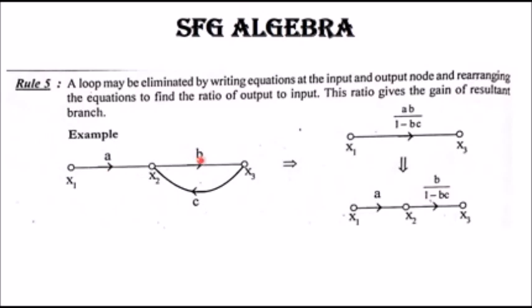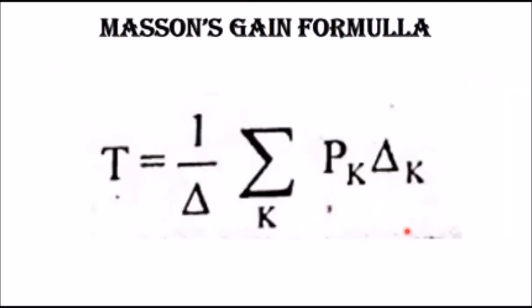G of s is b and h of s is c. Consider only this loop: g of s, b, divided by 1 minus g of s into h of s, bc. So the transfer function for this one will be b by 1 minus bc, and this a will be multiplied, so a into b divided by 1 minus bc, right? So this can be represented in this way also. Okay, so these are some signal flow graph algebra.